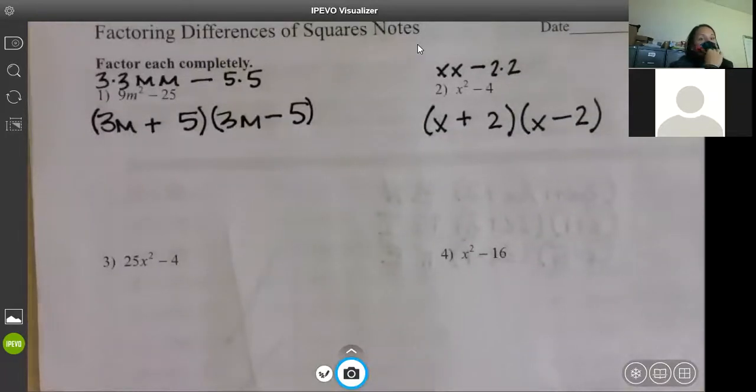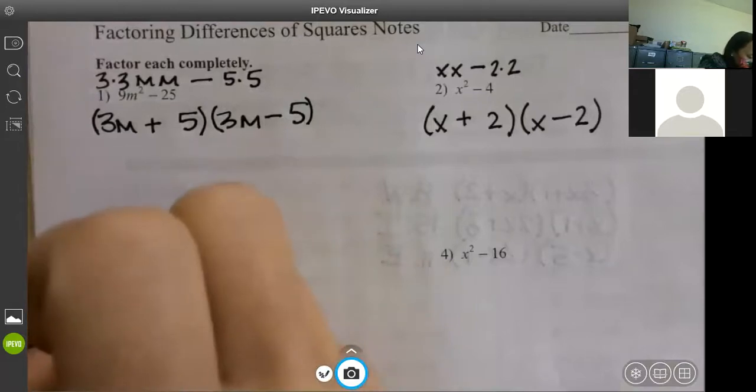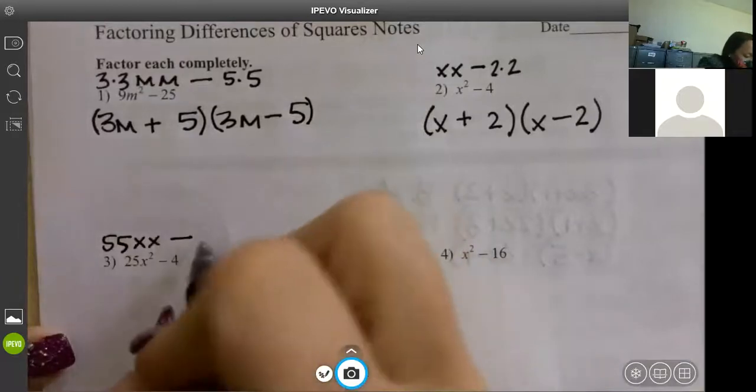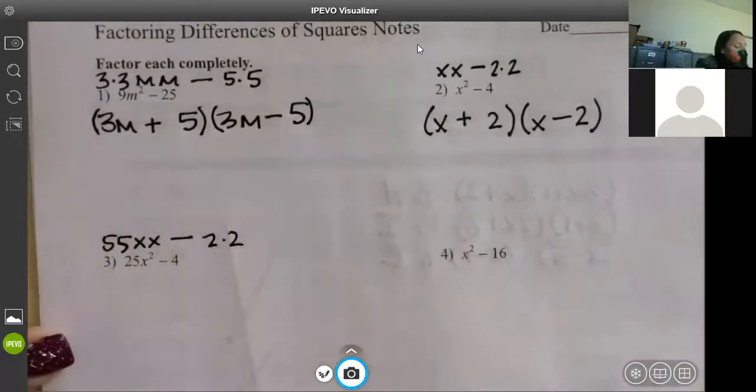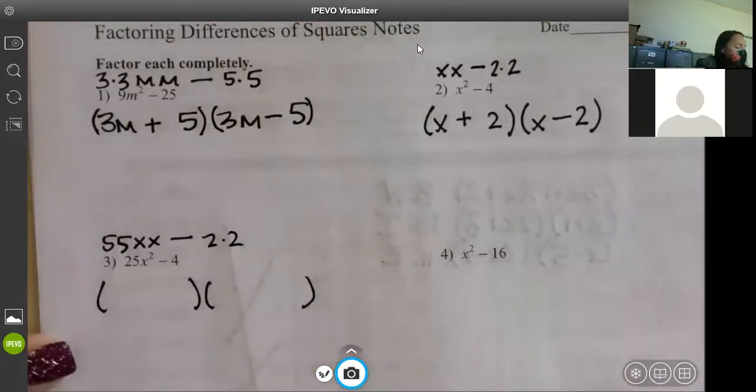So what about number 3? What are your factors of 25x squared? What about x squared? Then we have a minus. And what are your factors of 4? So we have pairs. So 2 sets of parentheses. What's going to go in the front of each one?